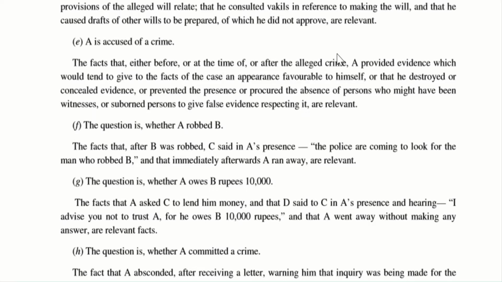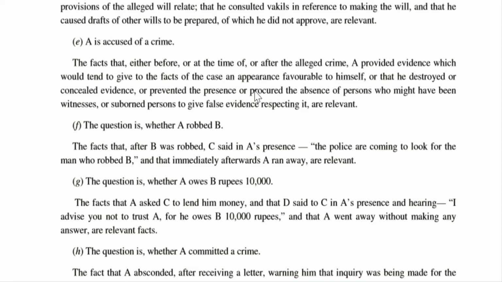The person who is accused of a crime, in this case A, is providing evidence which makes an appearance favorable to A, or he is destroying or concealing the evidence, or he is preventing the witness from coming to the court, or he is ensuring that the person who might have been a witness absents himself, or he is inducing people to give false evidence. All these are absolutely relevant if a person is accused of a crime.